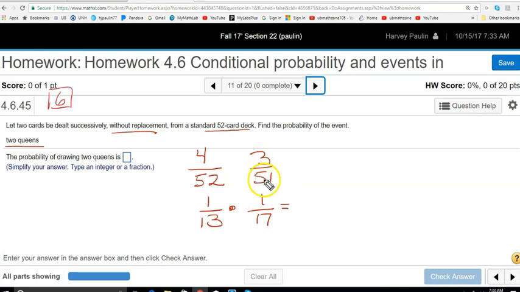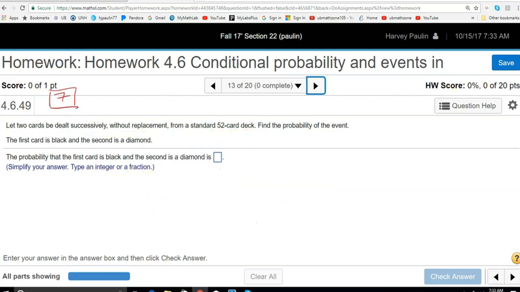Well, yes, the rule of 3s. 5 plus 1 is 6, so that's divisible by 3, and that's 1 out of 17. So 1 times 1 is 1, and 13 by 17, according to my calculator, is 221, and that would be the fraction for number 6.